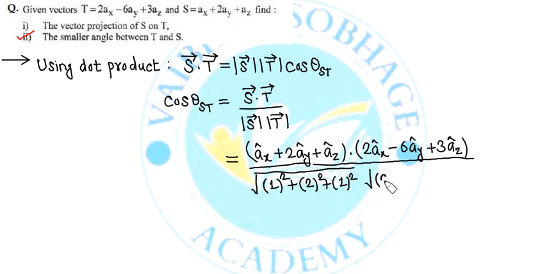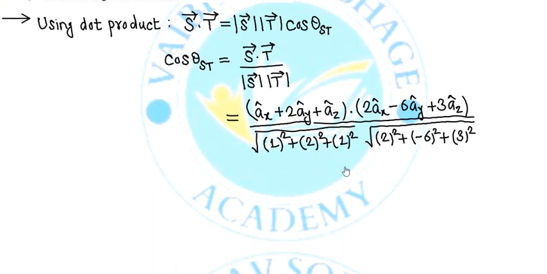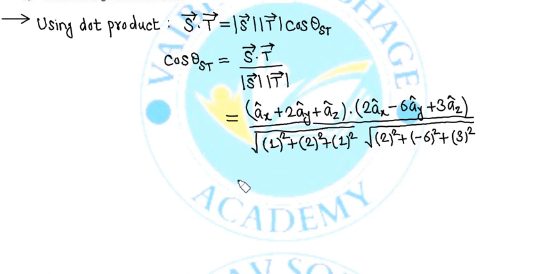So that will be 2 square plus minus 6 square plus 3 square. Now simplify that one so that you will get answer.